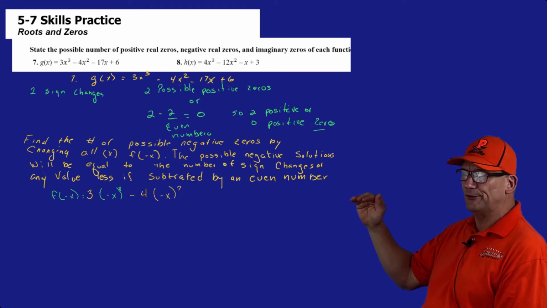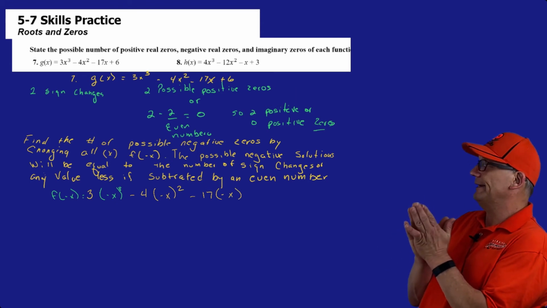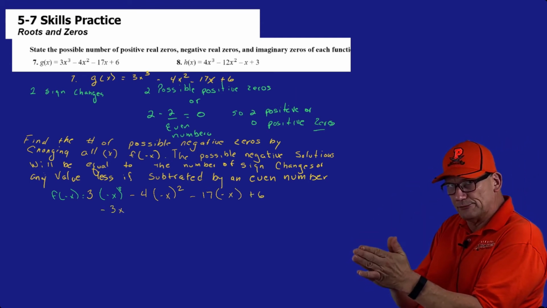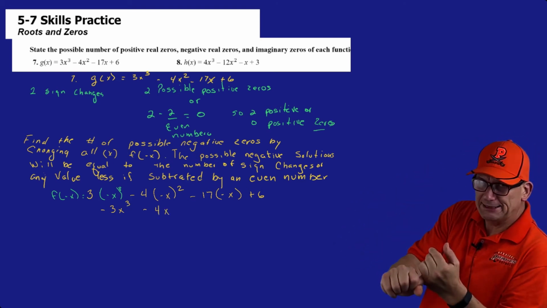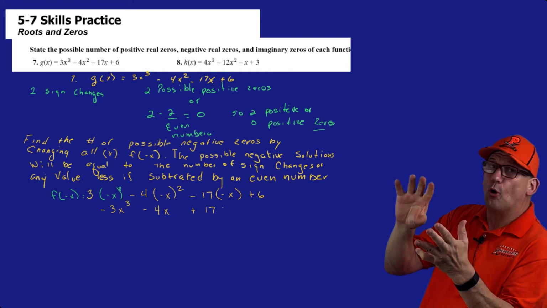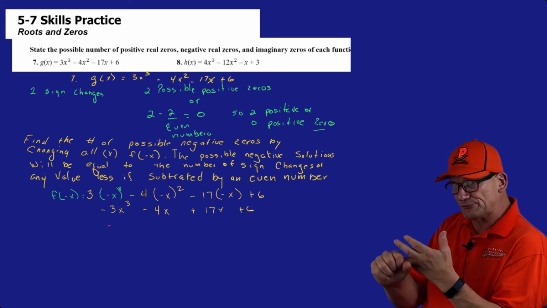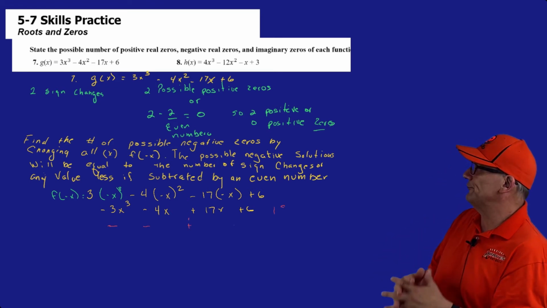Once you do this, you have to evaluate and find the sign changes. And the number of negative solutions will be either the number of sign changes or always subtracting by an even number, which would be 2, subtract by 2, and that'll tell you how many solutions there could be.